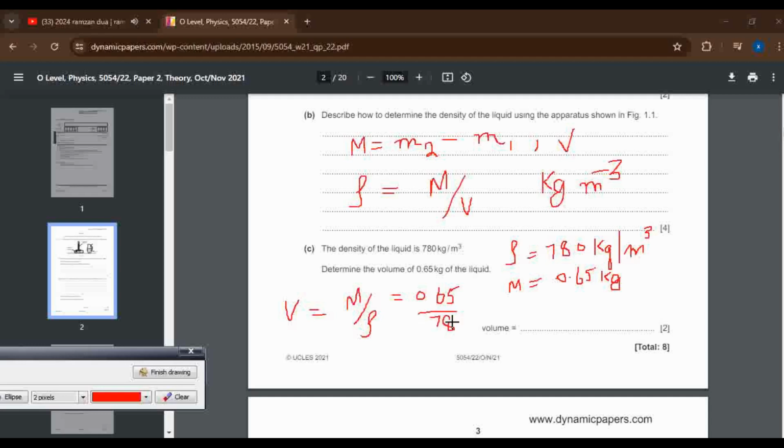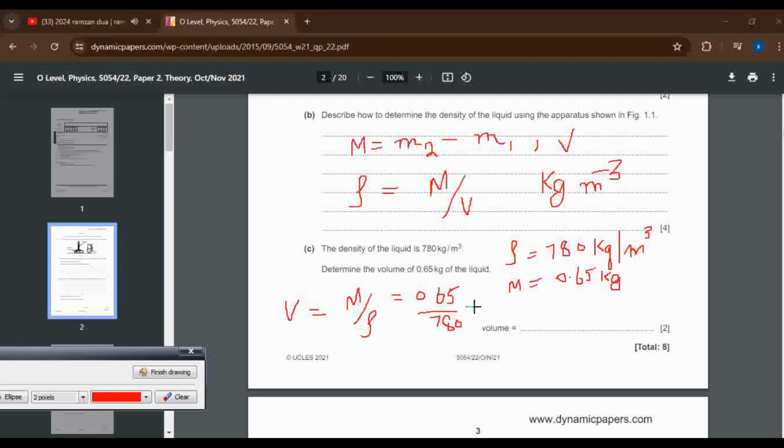The answer will be in meter cube, because mass is in kilogram, density is kilogram per meter cube, and kilogram cancels with kilogram, so we get meter cube.